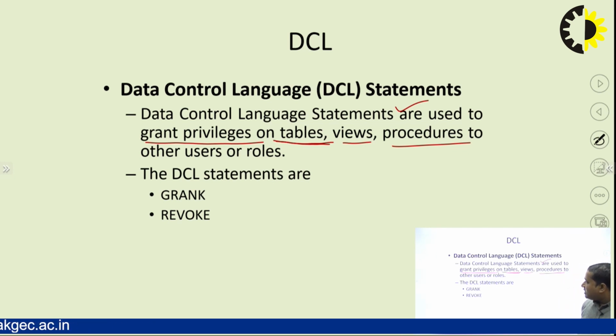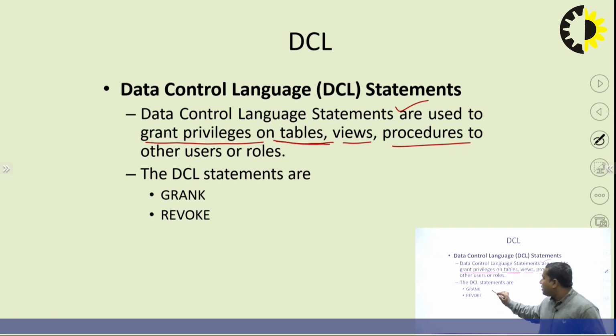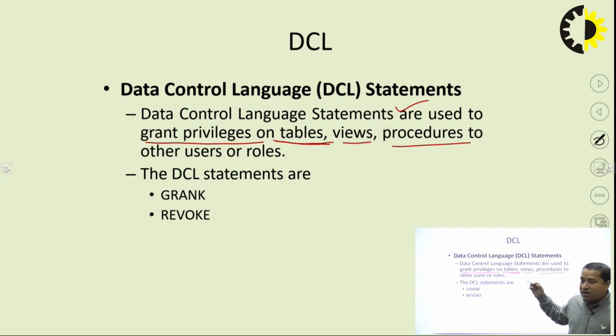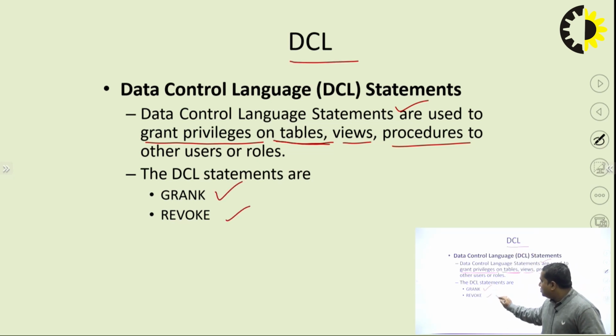Those restrictions can be applied according to the types of operation they can perform on the database using SQL commands. So for this, DCL is dedicated, and DCL basically uses the control language statements grant and revoke.